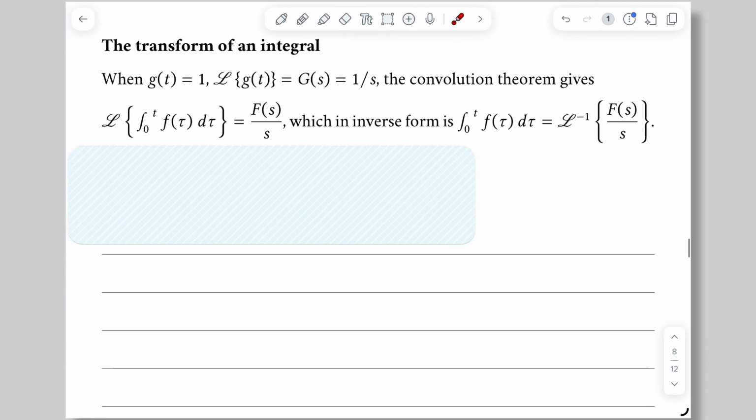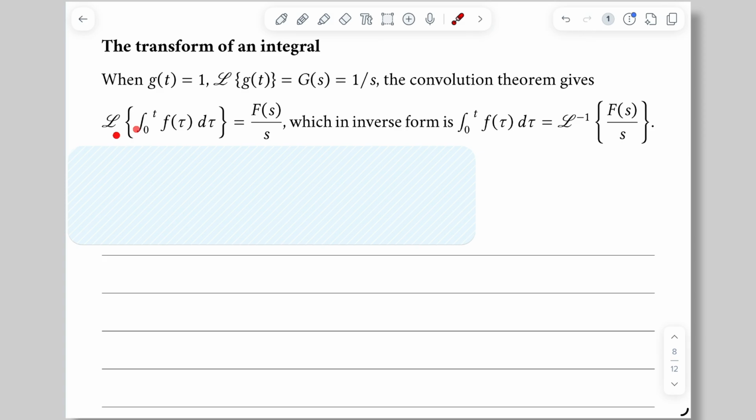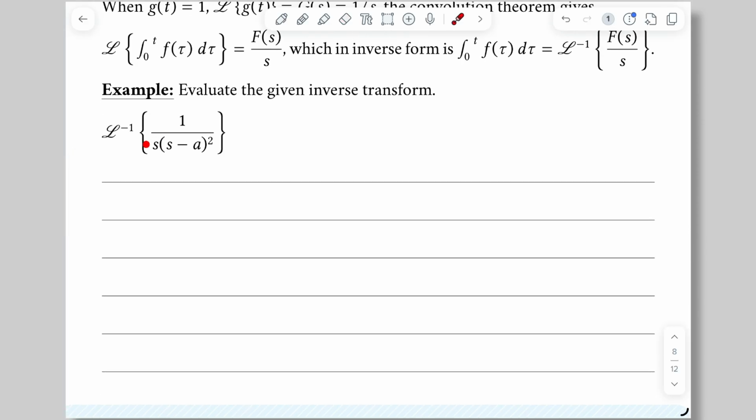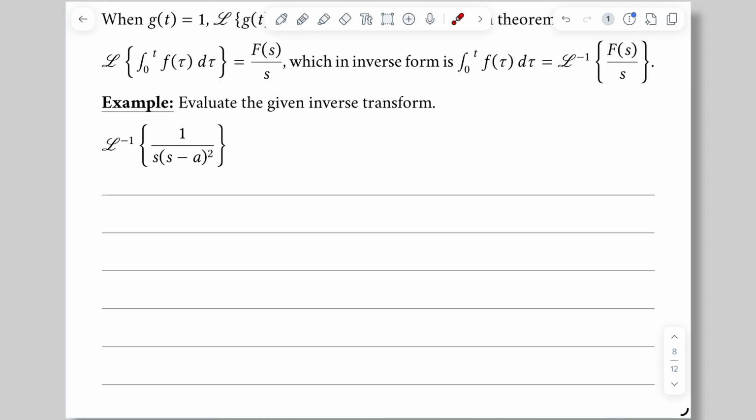As usual, that transform rule gives us an inverse transform. The integral from 0 to t of f of tau d tau is the inverse transform of F of s over s. And so if you have a function of s and a factor of s in the denominator, we can inverse transform the function into an integral.